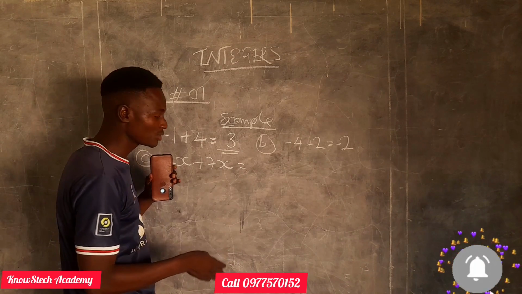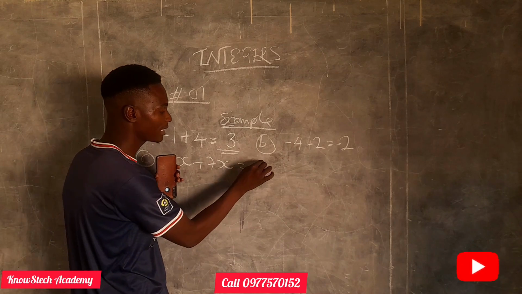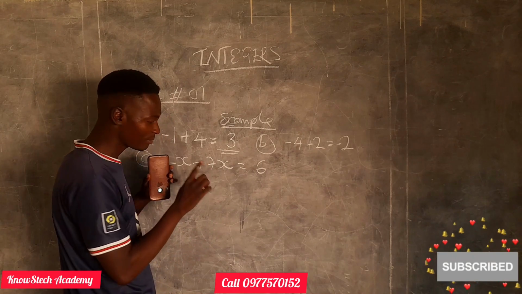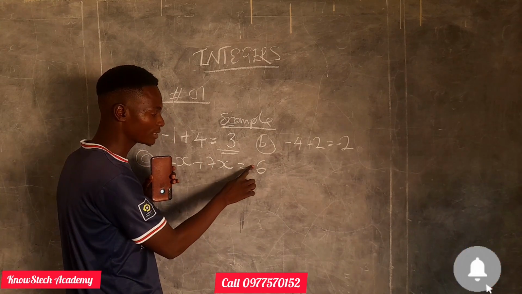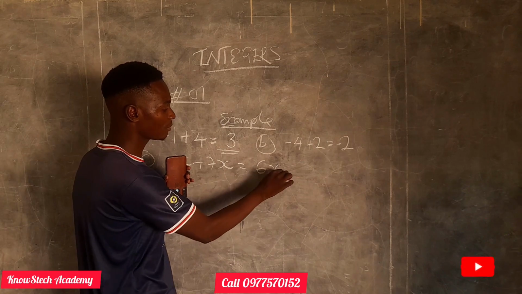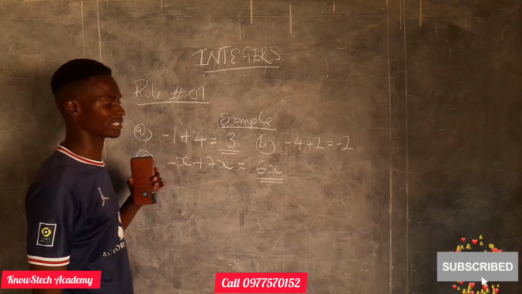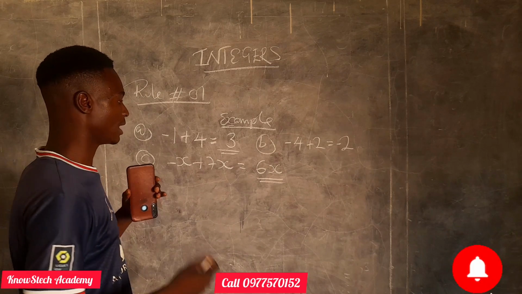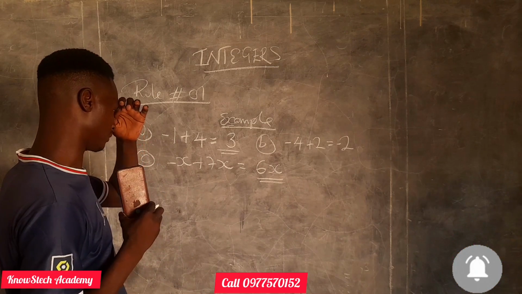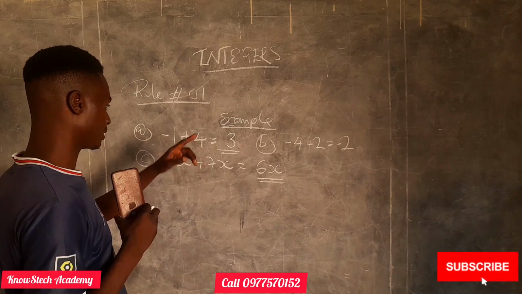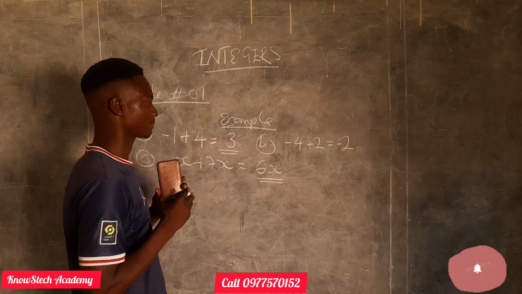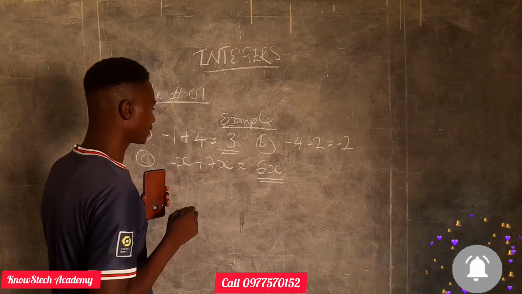So what you do is just subtract: 7 minus 1 is 6. The sign from the bigger number is positive. Then you just write what is common with the variable, which is just x, so +6x.